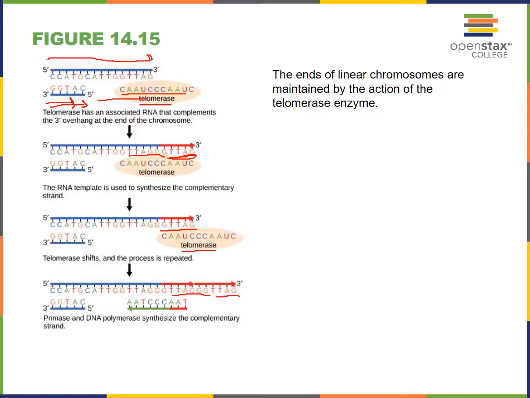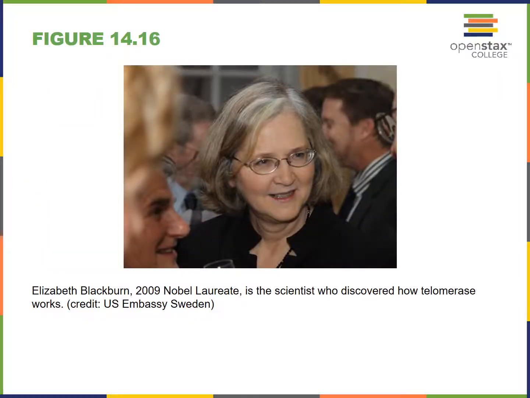So telomerase is not the solution for aging, but it is pretty cool for maintaining the ends of chromosomes. Elizabeth Blackburn was the one who discovered telomerase and worked on its mechanism.